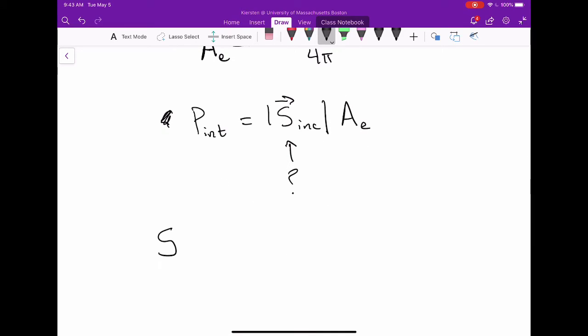The incident power density is going to be, well, first we've got the transmit power. It's proportional to transmit power. And then it's got to be divided by 4 pi r squared because of our spherical propagation situation. And then we've got to multiply that by the gain of the transmit antenna.